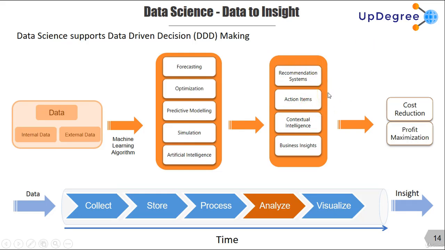It can be a recommender system which tells you the next best offer, or it gives you an action item from your prescription that you have to do this, or it can simply give you contextual intelligence that since the price of the raw material is high, you should not buy the product right now. So everything is associated with an action item, and from the action you can achieve your ultimate objective, either cost reduction or profit maximization.